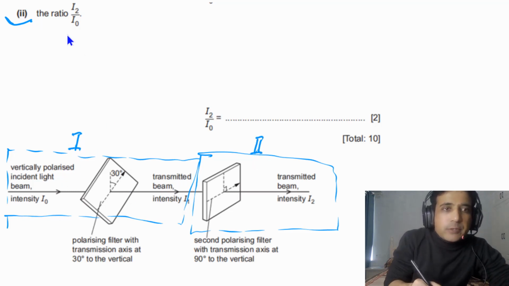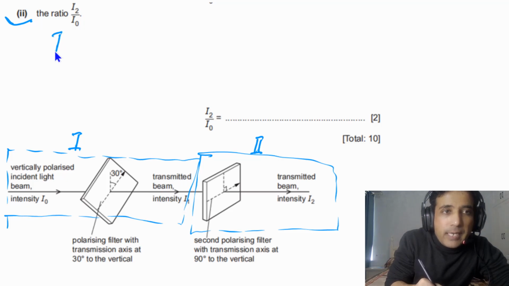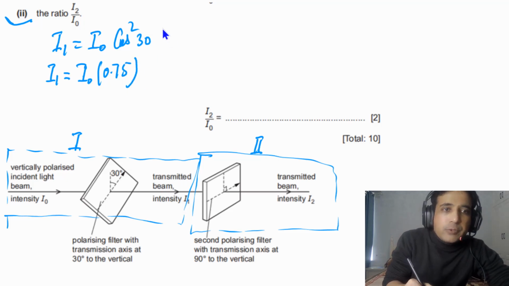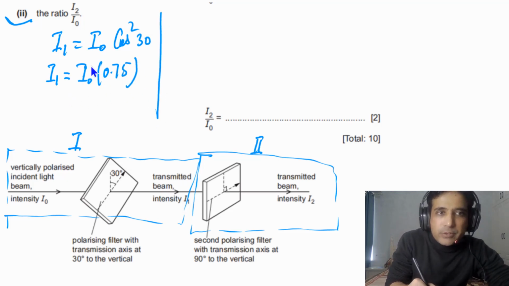If you look at the first part, we have already found that I1 is equal to I0 cosine squared of 30 degrees, which is equal to 0.75. So simply we can write I1 is equal to this value.